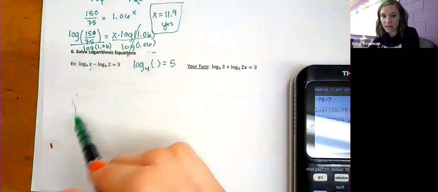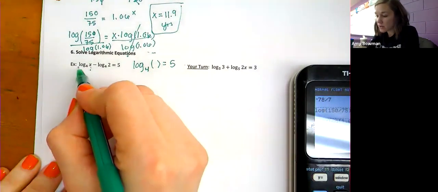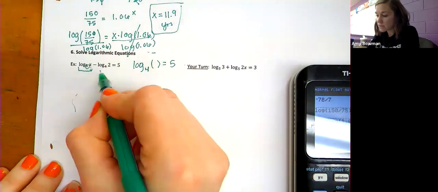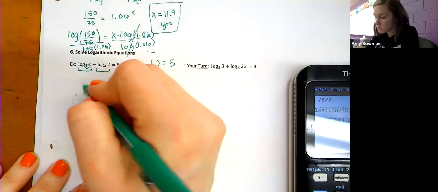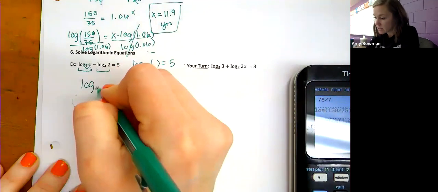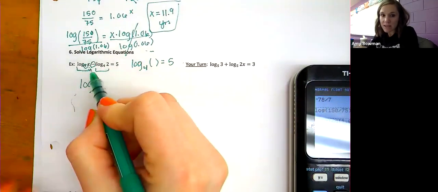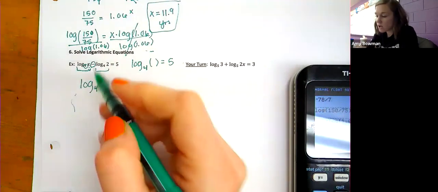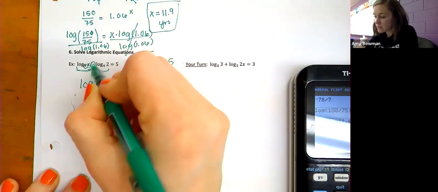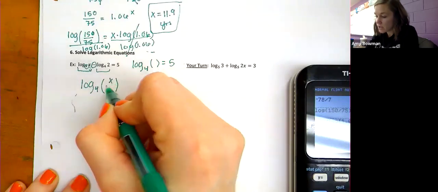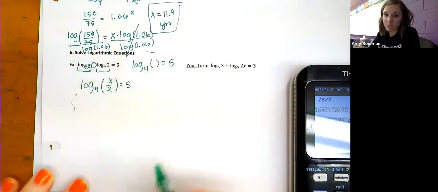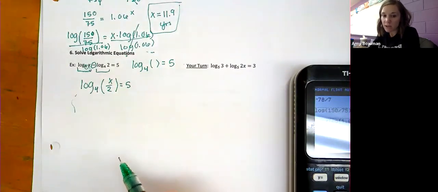Luckily, we have a property that allows us to write 2 logarithms that have the same base as a single logarithm of that same base. If they're being separated by subtraction, then on the inside of the logarithm, I can rewrite that as division, x divided by 2. So we're going to apply these properties of logarithms in our solving process.